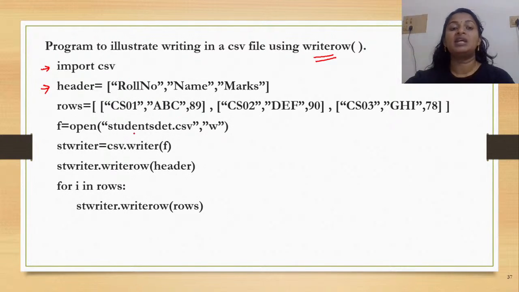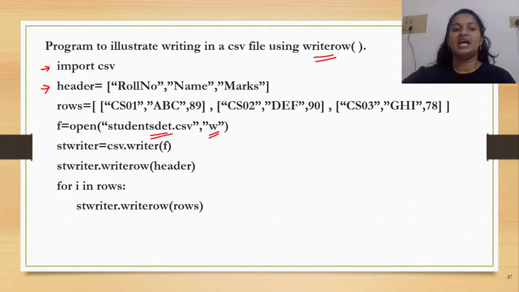Let me name the file studentsdet.csv, a shorthand for the details about the students in CSV format. Since it is a CSV file, the extension is .csv. And we are going to do the writing operation, so it is going to be opened in the w mode.